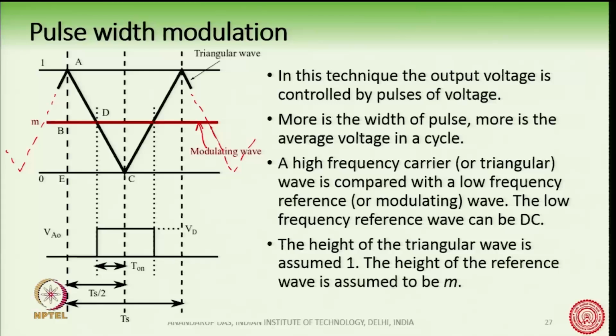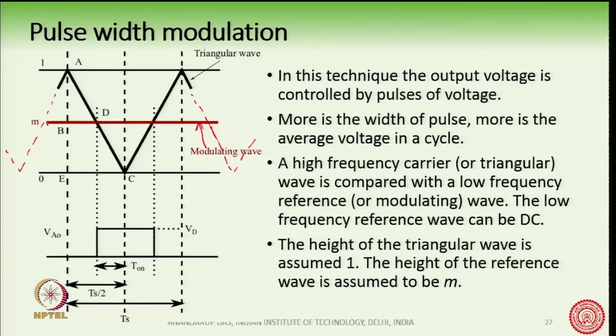So, there is a high frequency carrier wave or the triangular wave, and it is compared with a low frequency modulating wave or a reference wave. The low frequency reference wave can also be a DC. For example, in this diagram you can see that the modulating waveform here is not changing over the time interval which we are considering here.